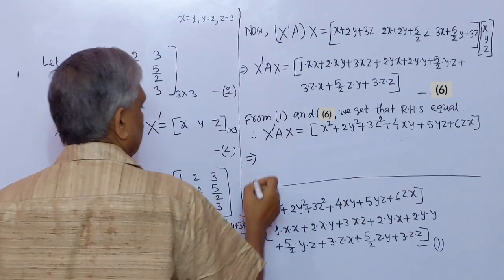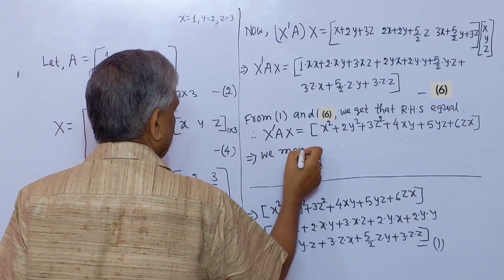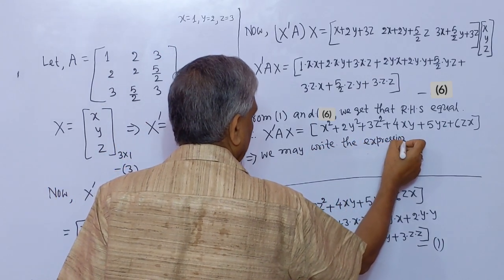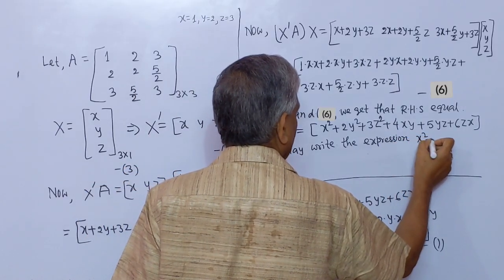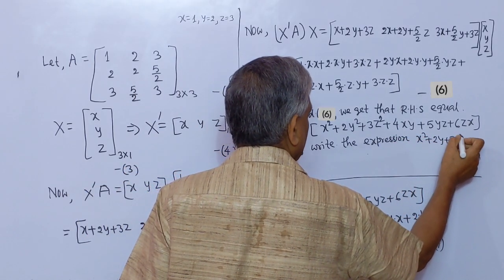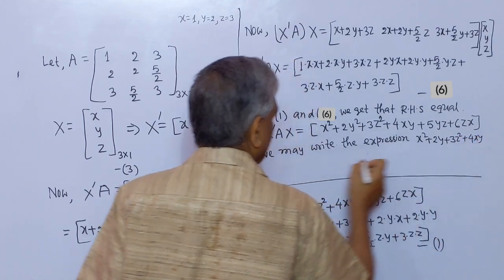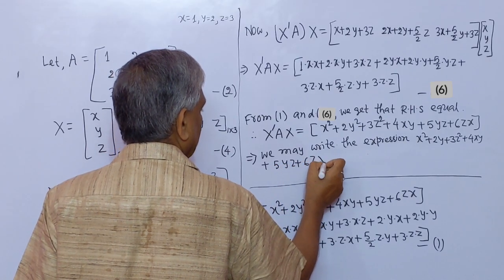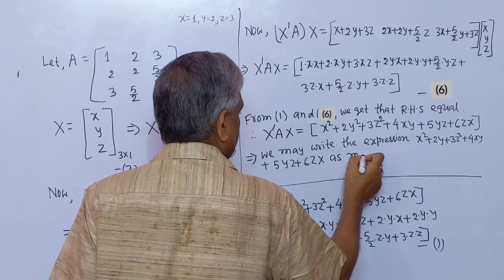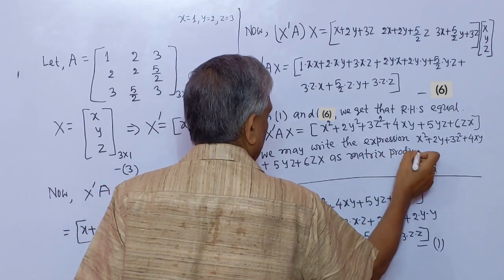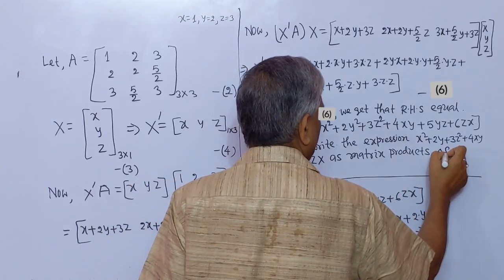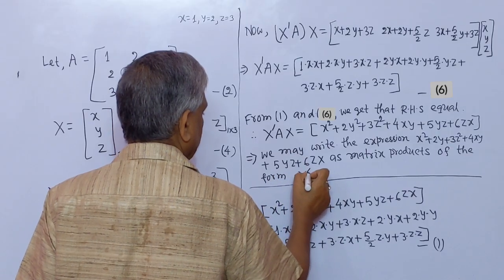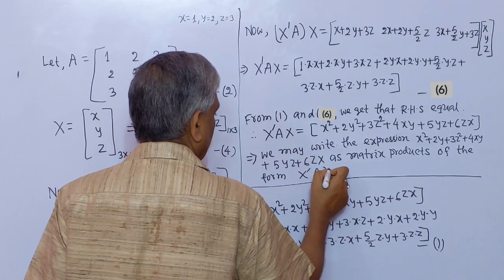This implies that we may write the expression x square plus 2y square plus 3z square plus 4xy plus 5yz plus 6zx as matrix products of the form transpose of x A x.